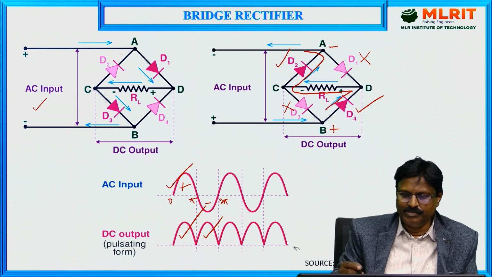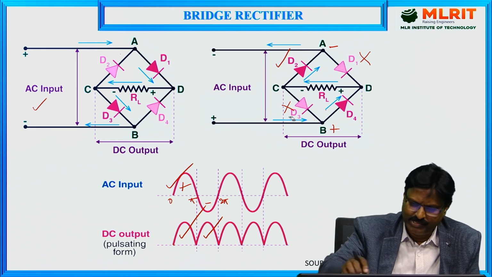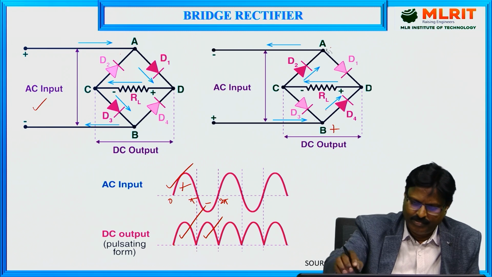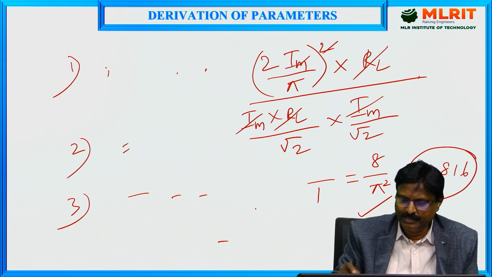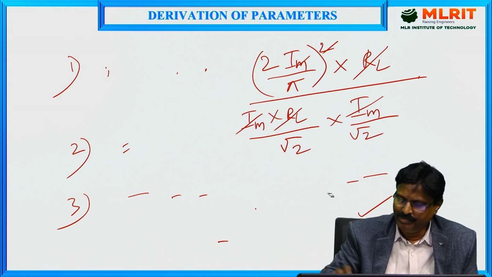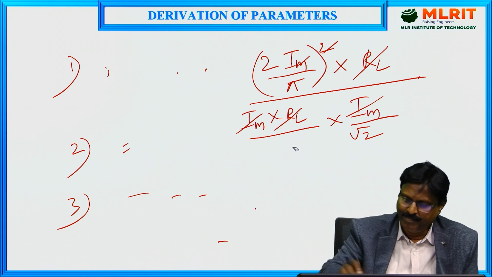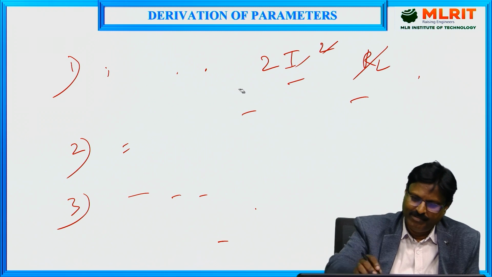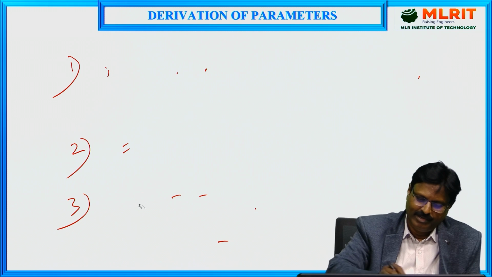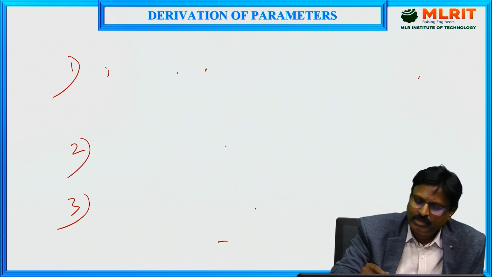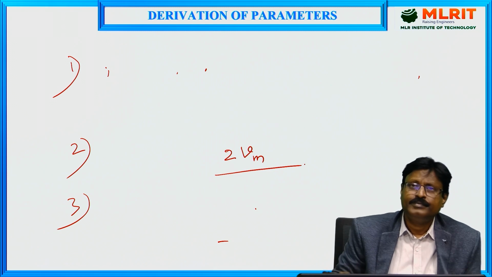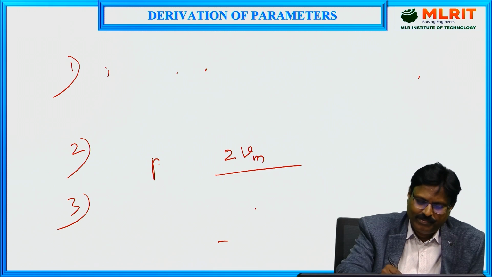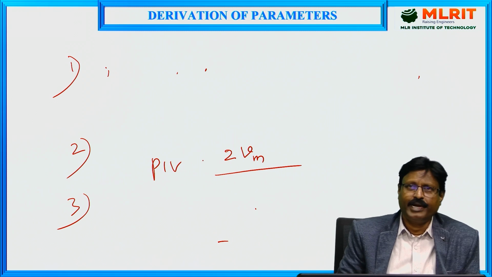In the last class we saw, while deriving it for the full wave rectifier, that the peak inverse voltage is 2 Vm, which is shared by a single diode.